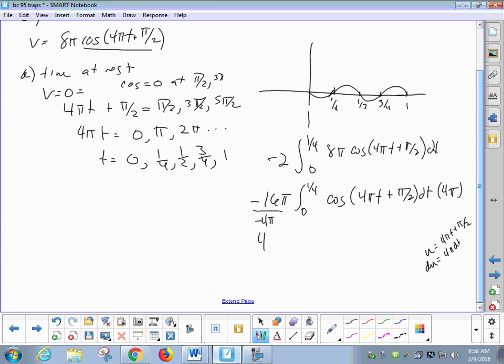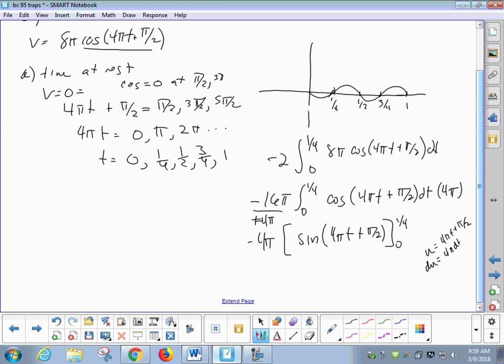I don't know why I put that negative there. So this is negative 4 pi, and then the antiderivative of cosine u is sine u. Just sine u, and then you would sub that typically. That feels like it makes sense, and you can check your work with the derivative.